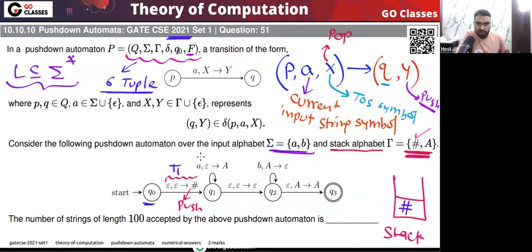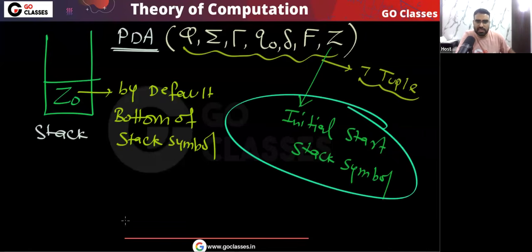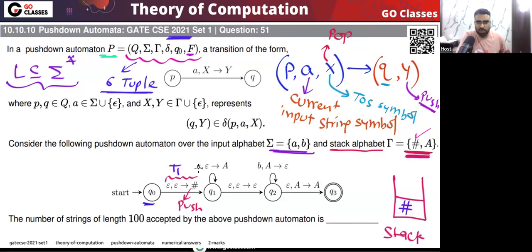Other than this first transition, you can easily see we are not using this hash symbol anywhere else. We are pushing hash on the stack in transition T1 because by default, in this six tuple definition of PDA, we do not have any bottom of the stack symbol or any initial start stack symbol.